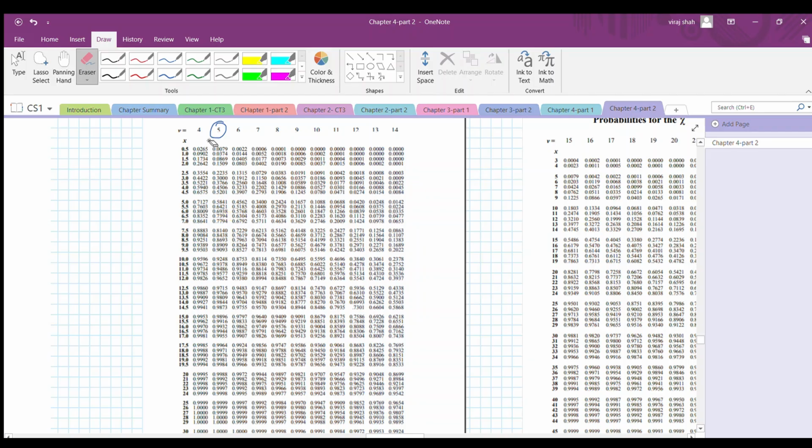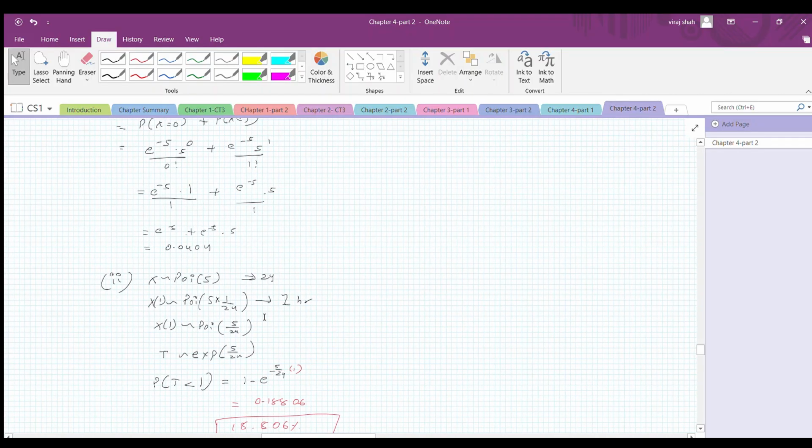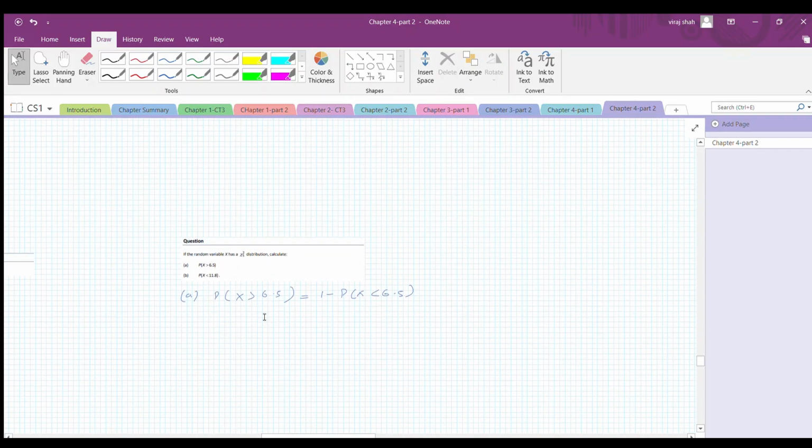Okay, so let me write that 7.394 in my sums. So it would be nothing but 1 minus 0.7394, which is nothing but 0.2606.